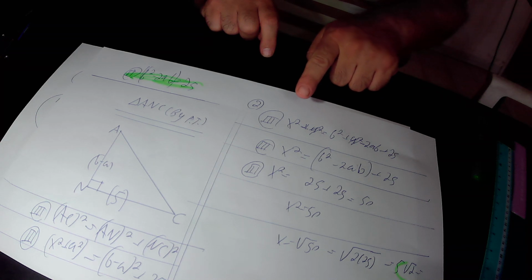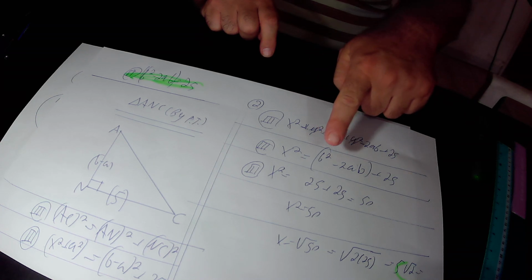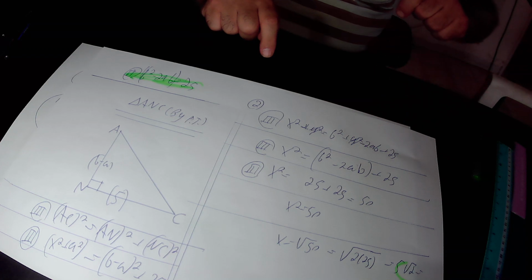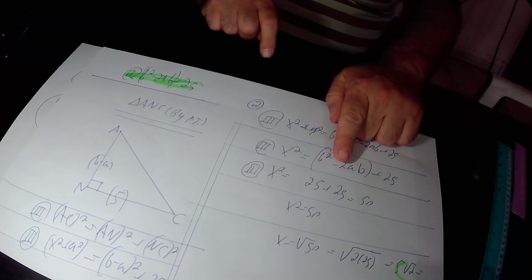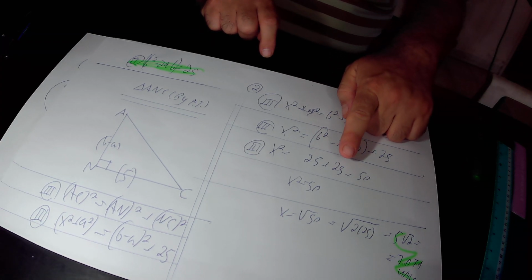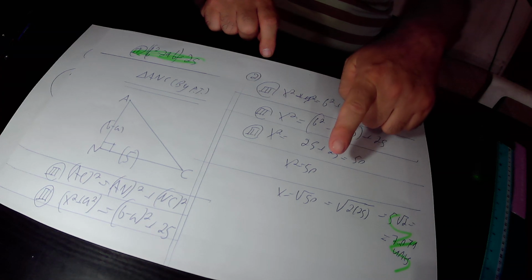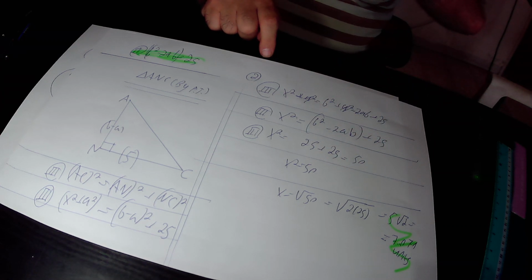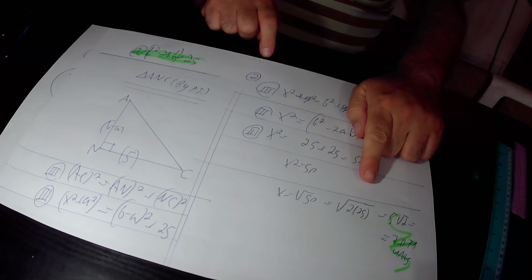So in total, X square equals 25 plus 25, that is 50. X square equals 50. We take the square root of this equation and find that X equals the square root of 50. 50 is 2 times 25.